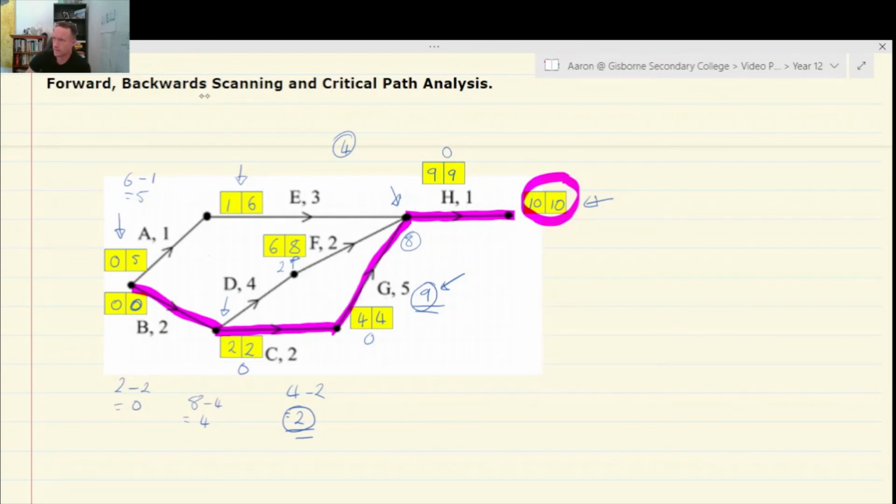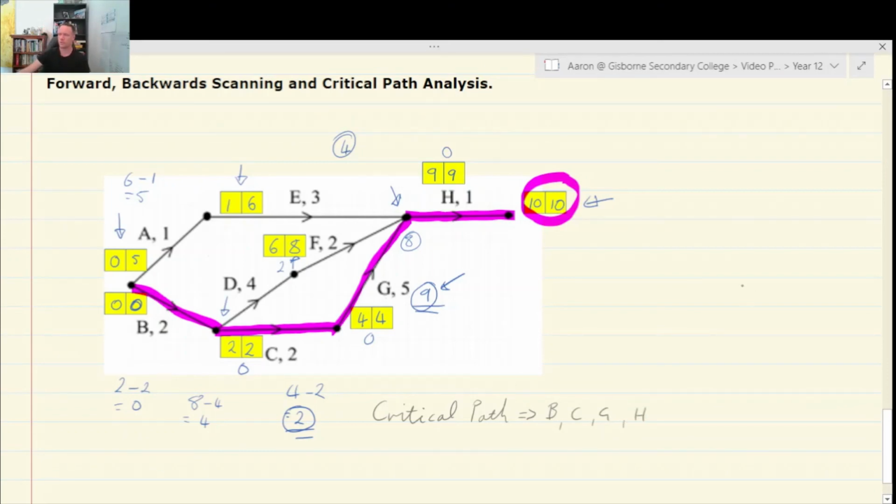And like I said, it's called the critical path because if anything time-wise in that is disturbed, then the length of the project is blown out greater than 10 hours. All right, and obviously any project we want completed in the minimum possible time. So B, C, G, and H is our critical path.